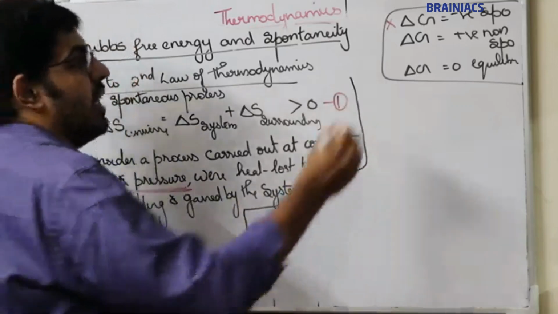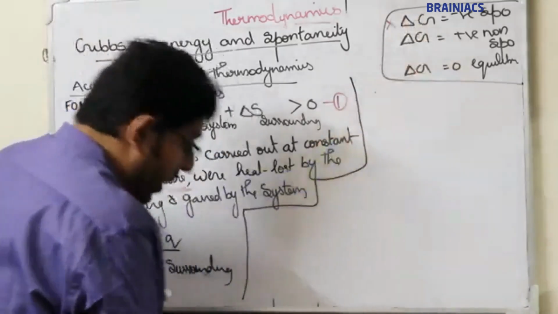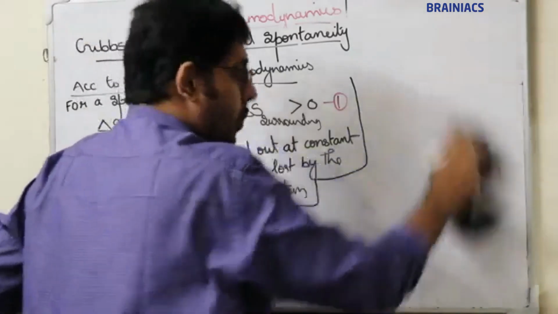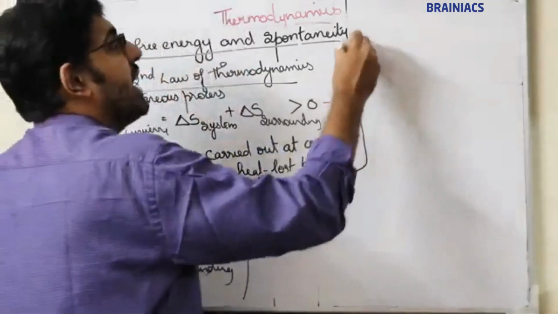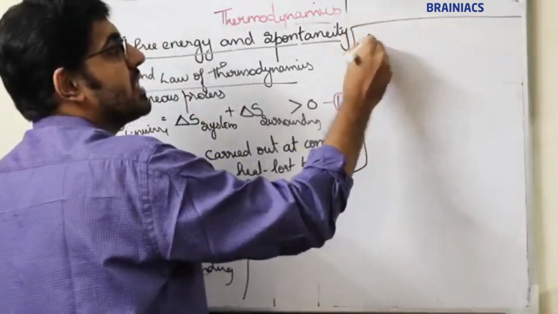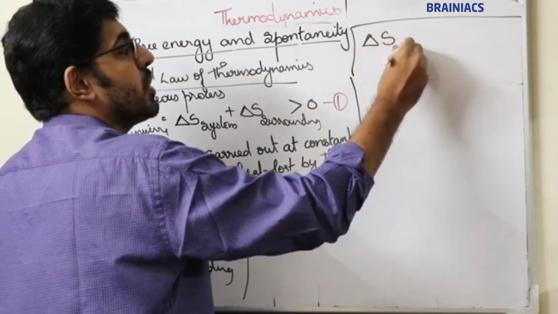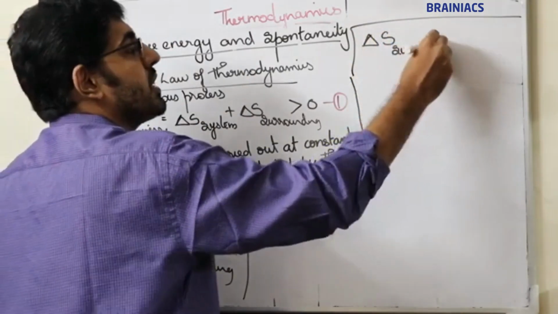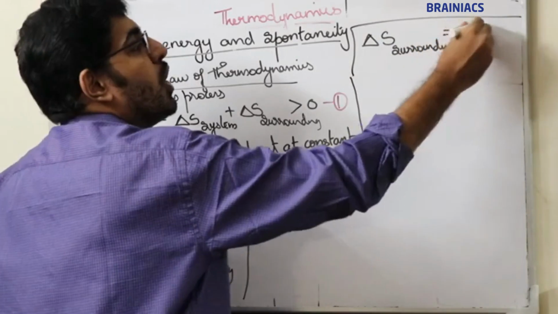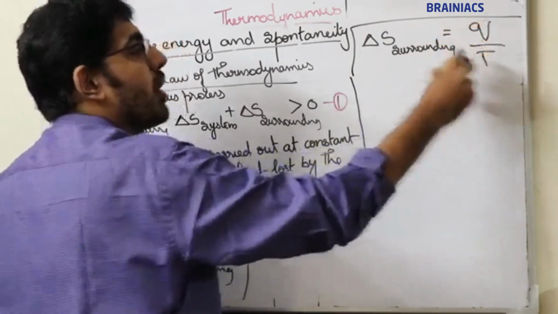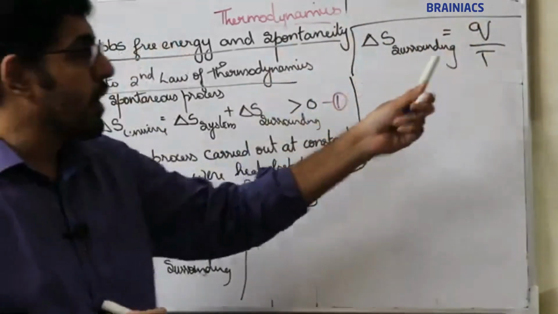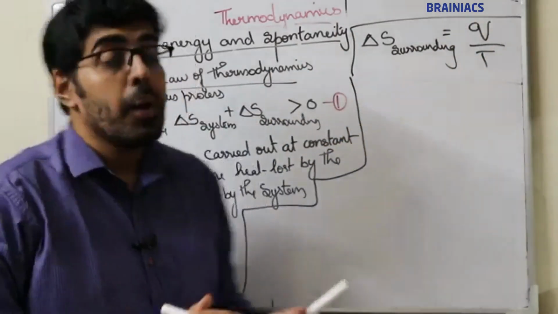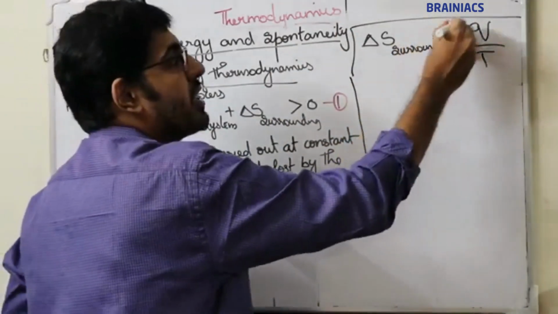Now, the entropy change of the surrounding, delta S surrounding, is equal to Q by T. Entropy change can be calculated by the equation Q by T, right? I'm writing a negative here. Why am I writing a negative here?